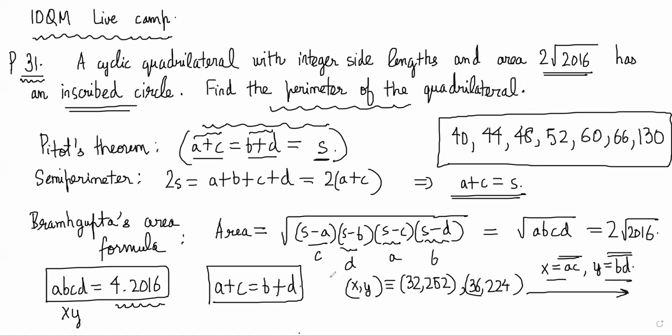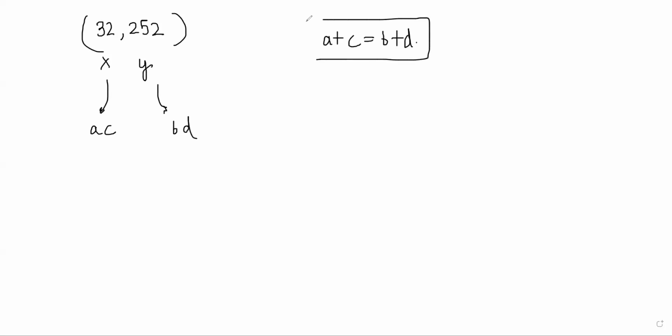Right? So for example, if you check one pair of X and Y, 32, 252, then this is X and this is Y, and X was AC, and this was BD. Now we have to make sure that A plus C is equal to B plus D also, right? How do I make sure of that?